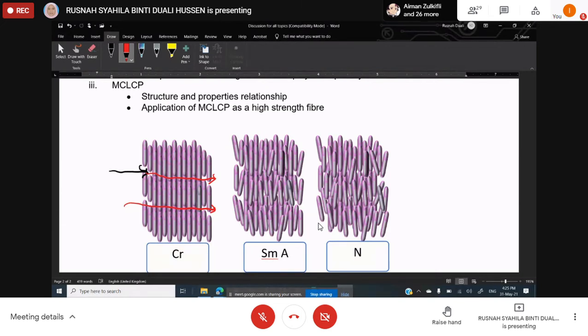So if we want to cut it, or if a crack happens, the crack can go easily through the space between the layers, from the first to the top or the lower alignment. So that's why it's not so strong, easily to break.